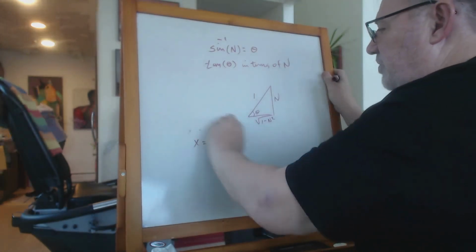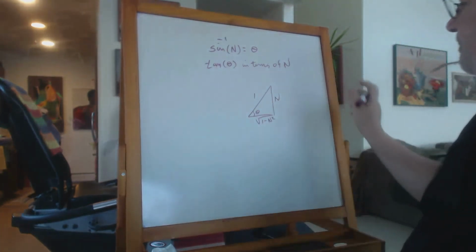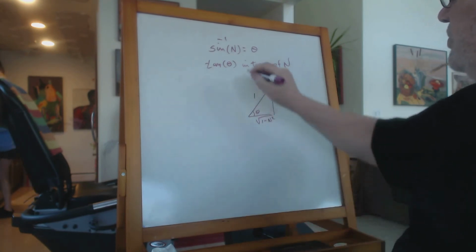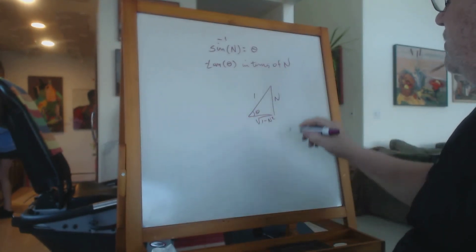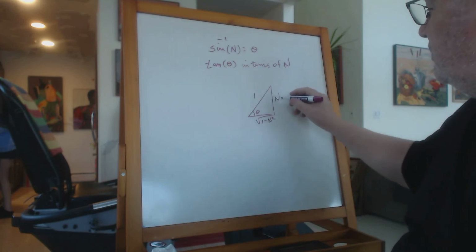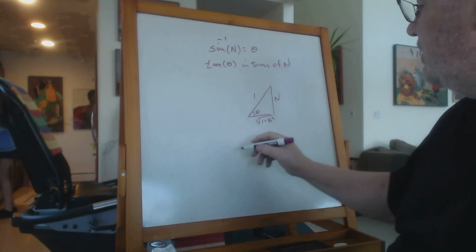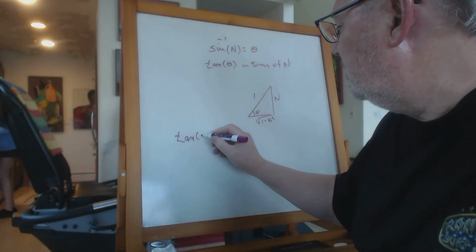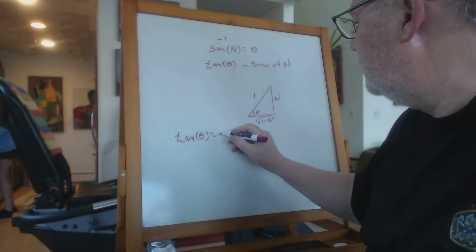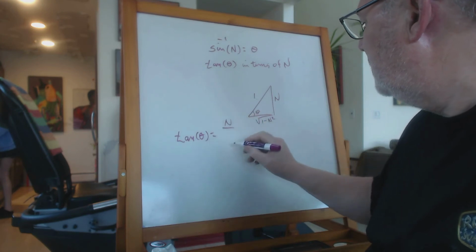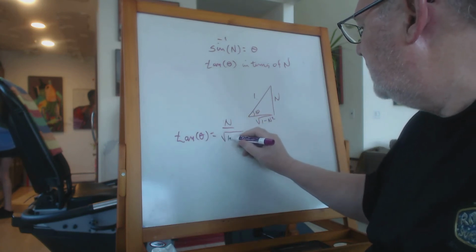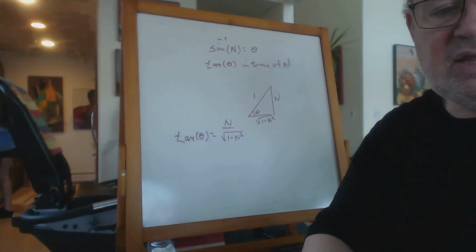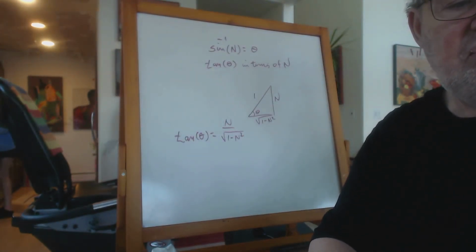Okay, I knew something was a little screwy there. So we're given the problem of finding the tangent of theta in terms of n. Well, the tangent of theta is y over x. So tangent theta is equal to n over the square root of 1 minus n squared. And that is the solution.